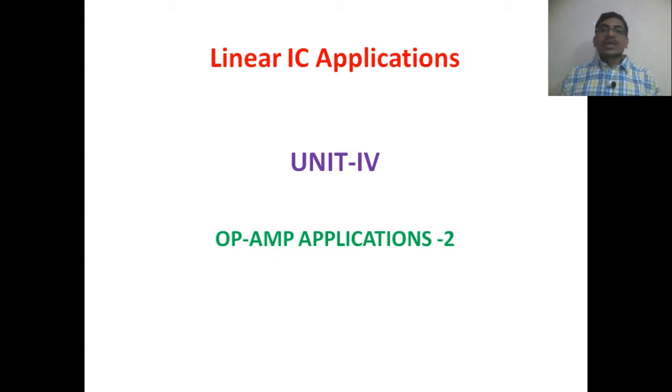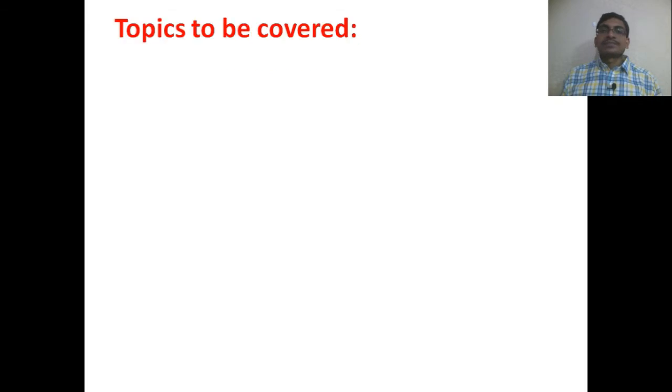In unit number 4, we are going to see the op-amp as an oscillator, and how it is used like a comparator, which means the non-linear applications of the operational amplifier.